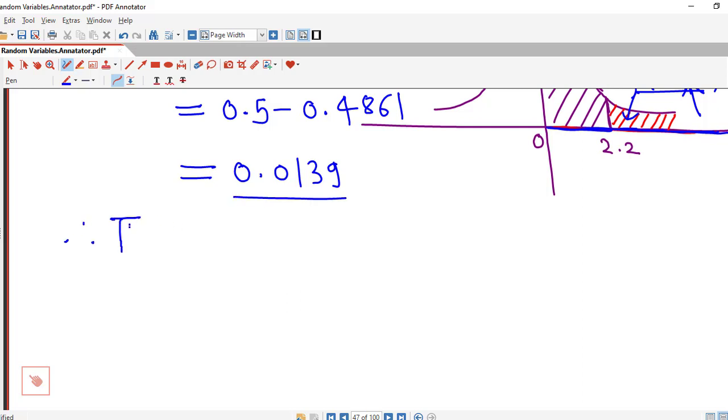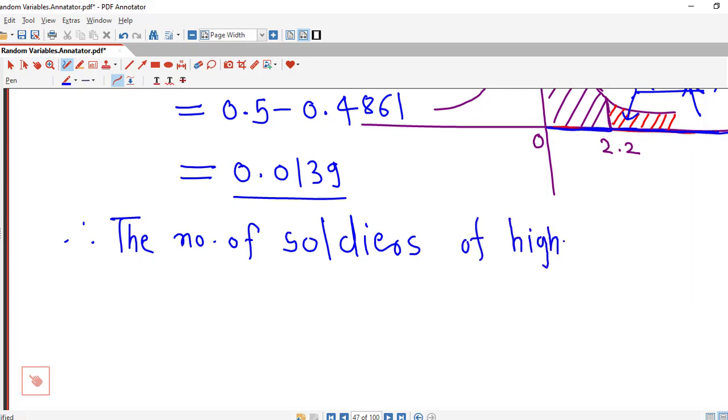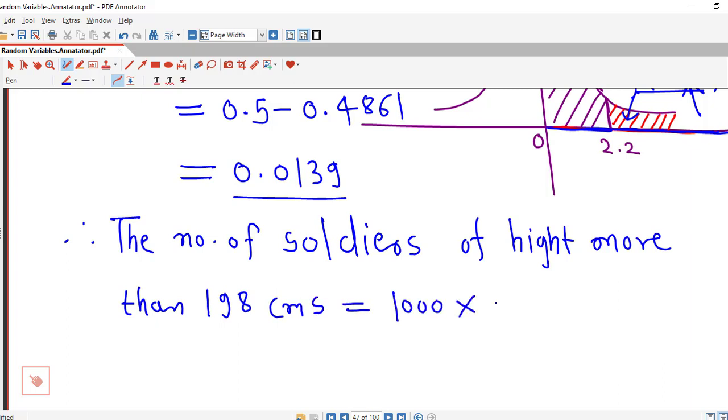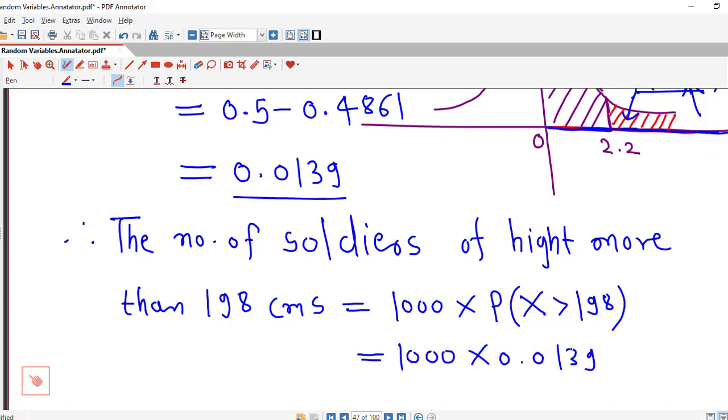So therefore the number of soldiers of height more than 198 centimeters will be equal to 1000 times the probability that x is strictly greater than 198, which we have obtained as 0.0139.